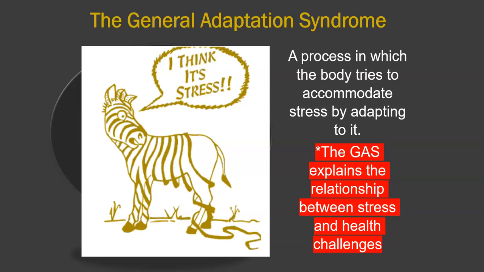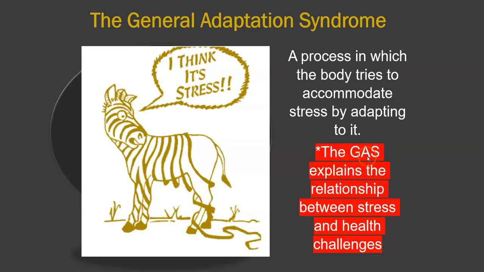The general adaptation syndrome, really what it is, and I have it highlighted in red here, it's just a three step, very general explanation of how stress and health challenges are related. Okay?